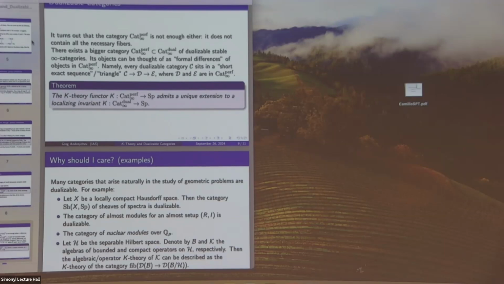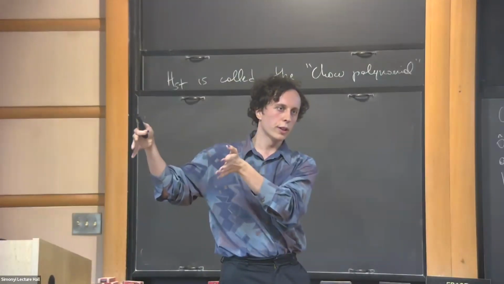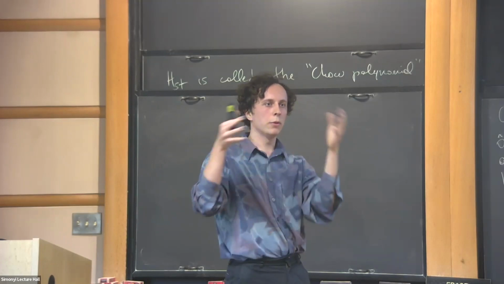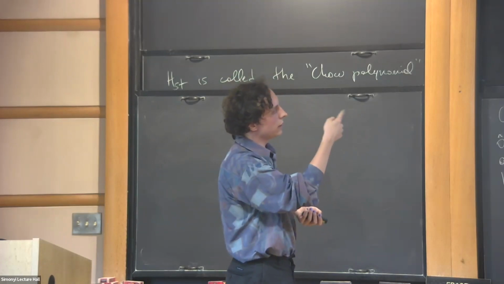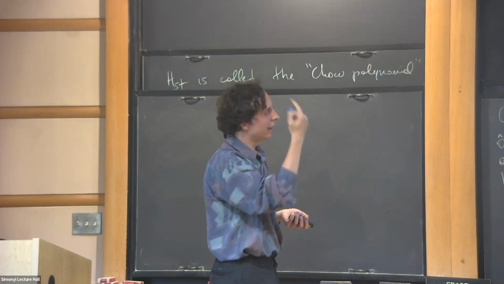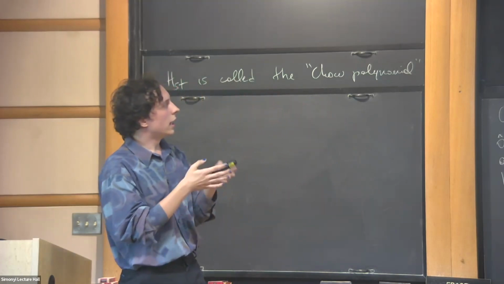That was where people realized that the algebraic K-theory of a ring will be the algebraic K-theory of the category of perfect complexes over this ring. So this is when people realized, oh, we need categories. And what I was trying to say before, sorry, that was not really clear.